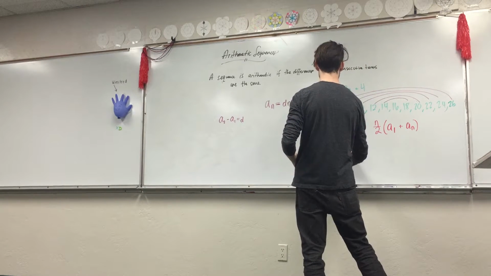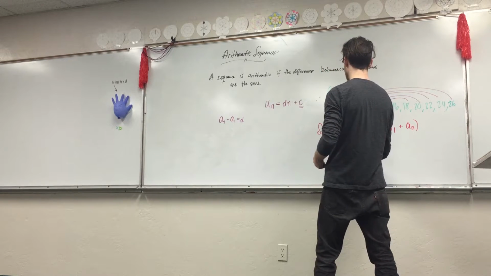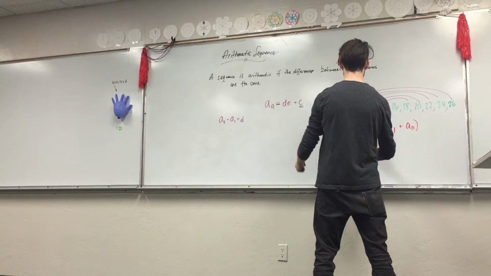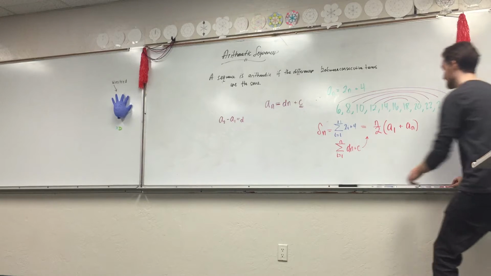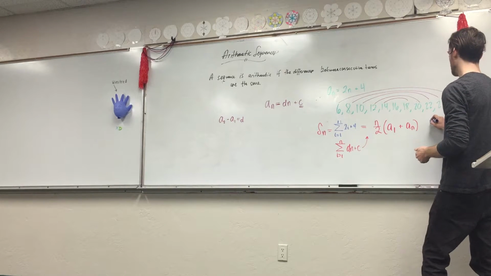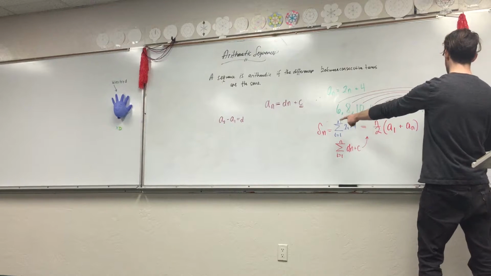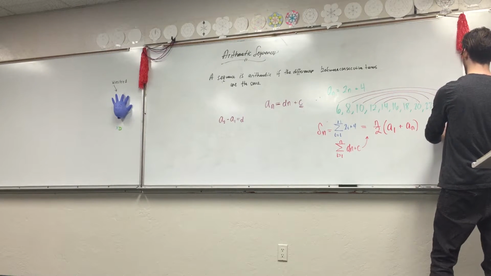The sum of i equals 1 to n of any arithmetic series dn plus c will equal this. In this case it was 11 over 2, or 5.5, times 6 plus 26, right?